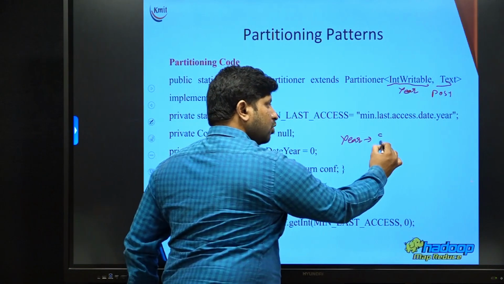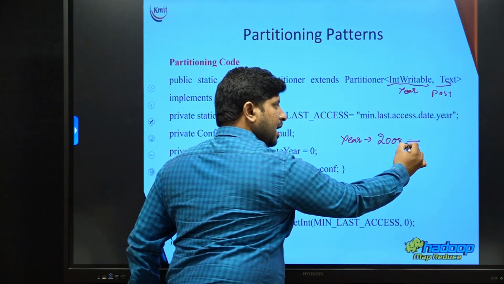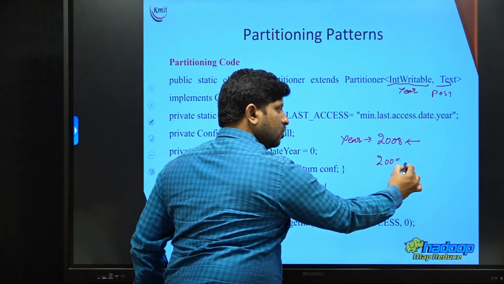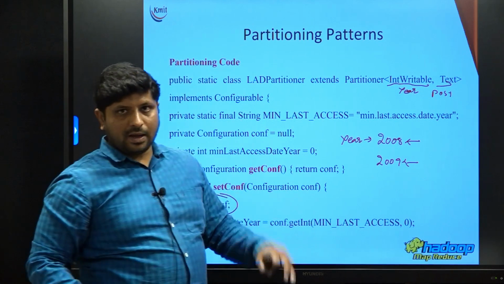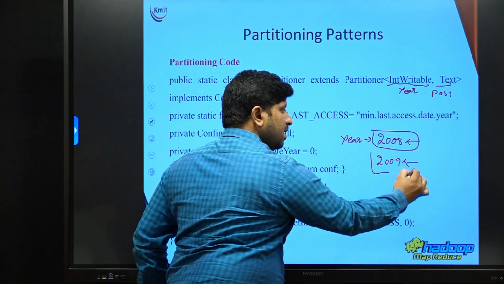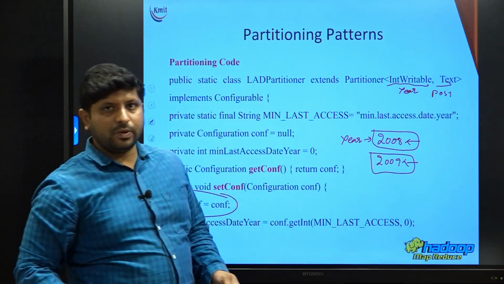If a certain post belongs to 2008, it will be included in 2008. If a certain post is from 2009, then it will be appended to 2009, and these are the partitions which will be sent towards your reducer.